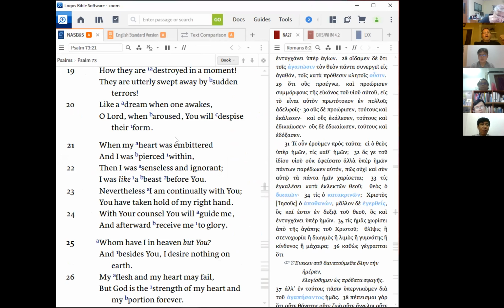He's actually saying, I made myself bitter. Now, you don't really see that in the English here. You would have to go to the original text to see that. There's a middle voice idea here, and that is the idea that the author, Asaph, did this to himself. So it's really not a passive action at all.